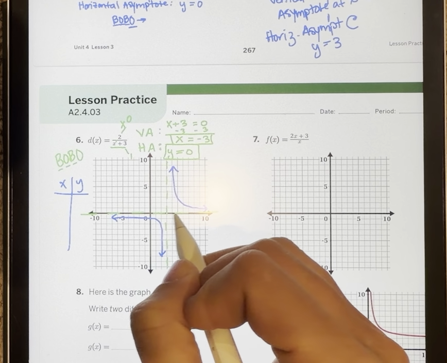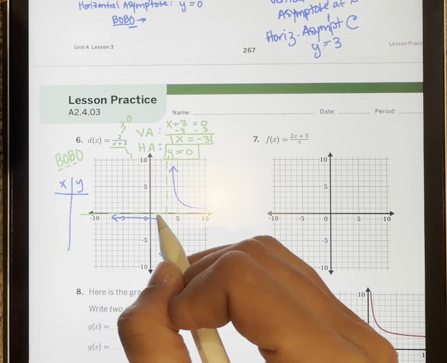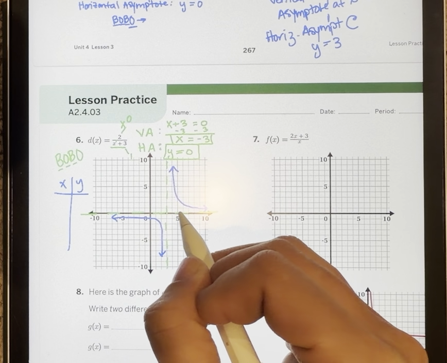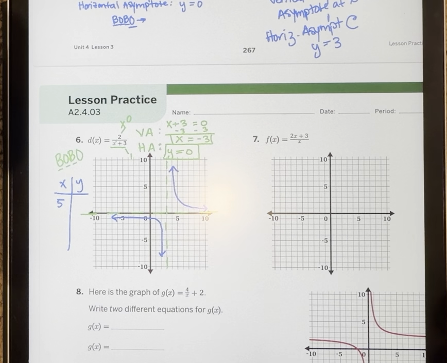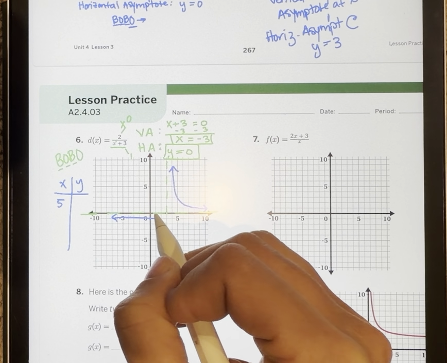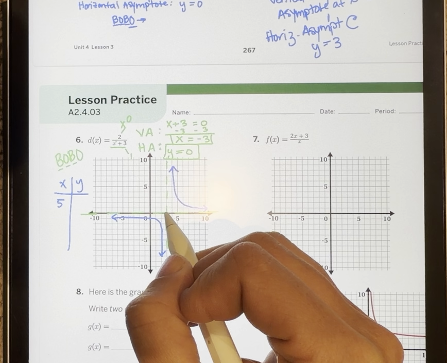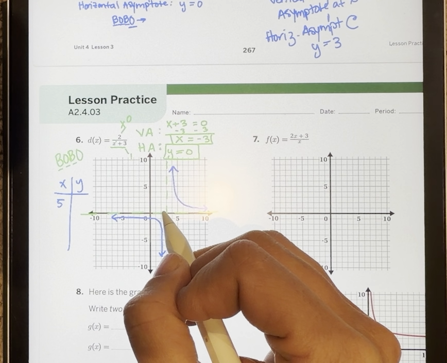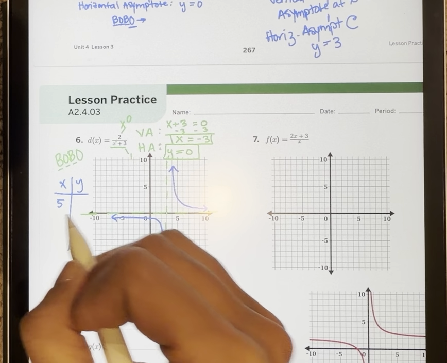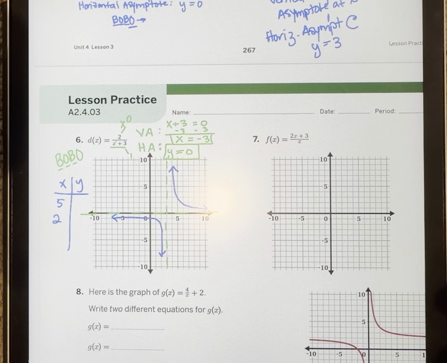So don't just plug in like 1 and -1. That's not going to be helpful. Plug in something on the right side of the asymptote, maybe 5. See what you get? Plug in something on the left side of the asymptote, maybe 2. Okay, so let's do it.